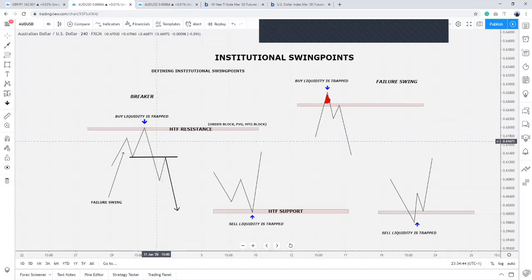So you want to see a quick reaction off that level, okay? Because the central banks are going to look to quickly reprice the market lower away from that level. Because what price is simply doing is jumping up to pair up sell side orders with buy side orders on central banks, which will then shift the market down. So you're looking for that quick reaction off that level.